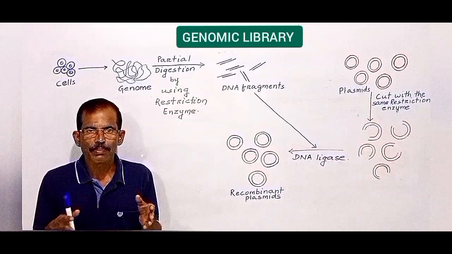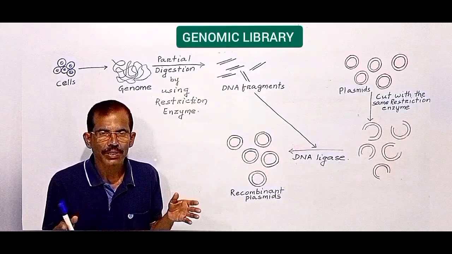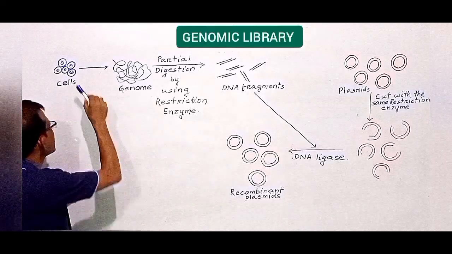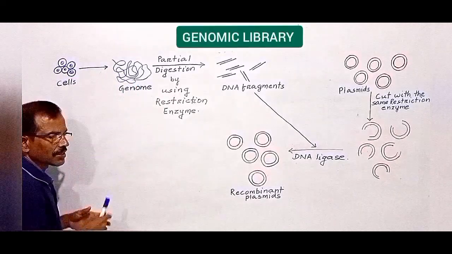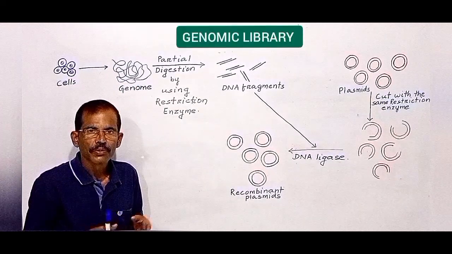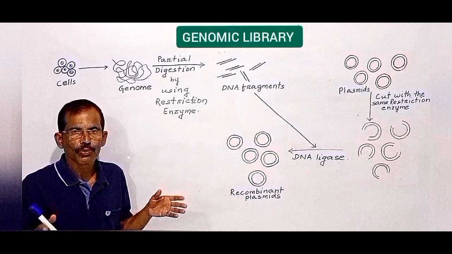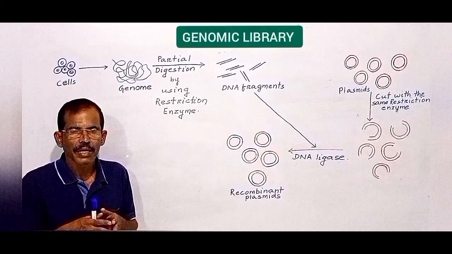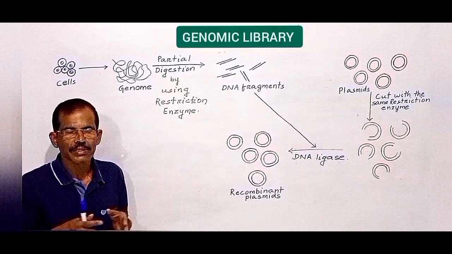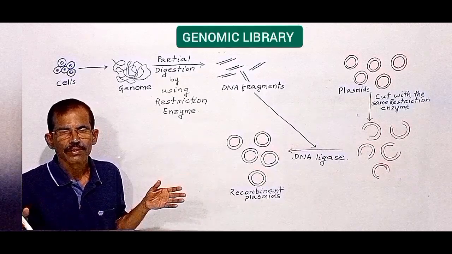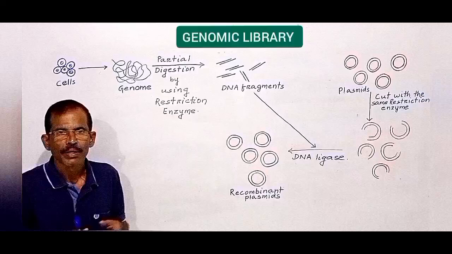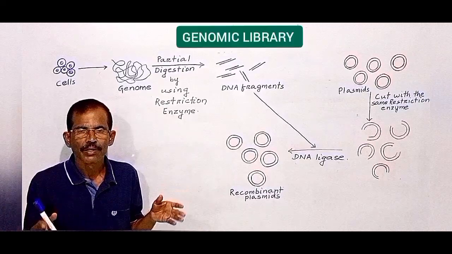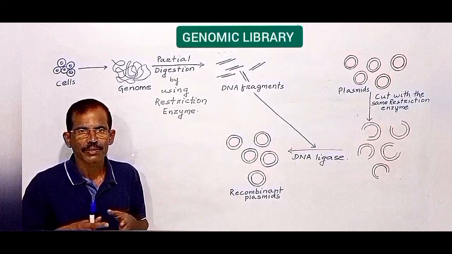Construction of genomic library begins with the extraction of genomic DNA from the cells of the organism. Genome includes both coding and non-coding region. DNA can be extracted from cells by different methods such as cell lysis, protein digestion and phenylchloroform extraction.